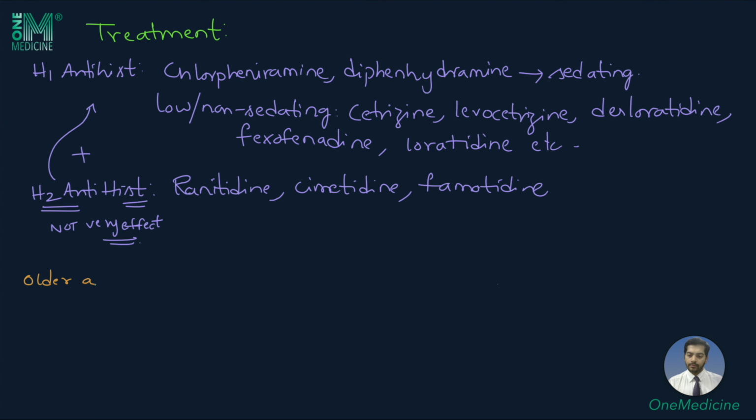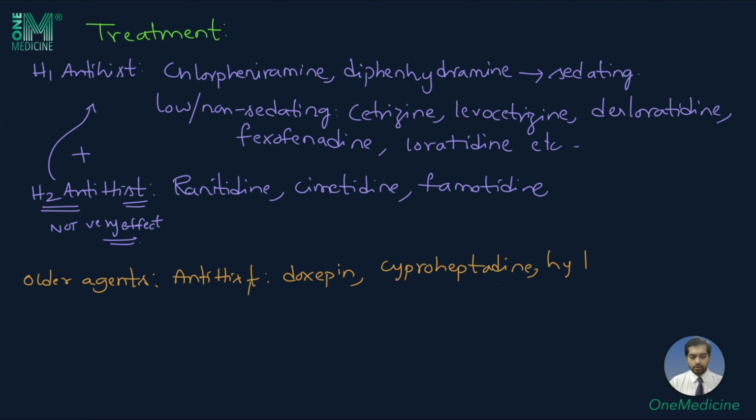Older agents with antihistamine properties include doxepin, cyproheptadine, hydroxyzine. These agents are typically used when H1 antihistamines are not adequate.